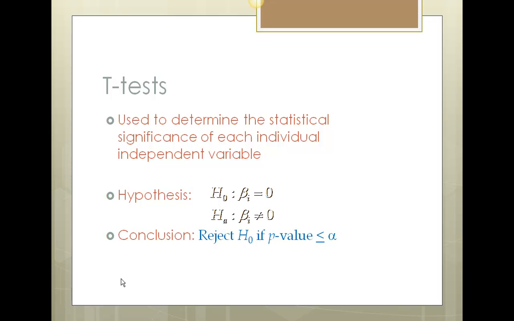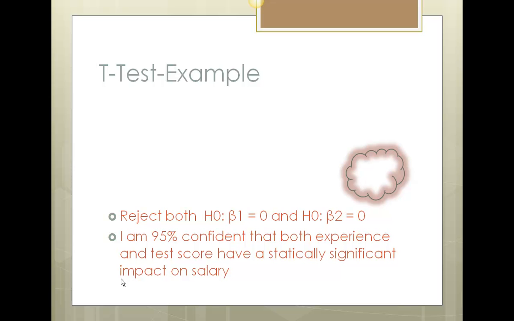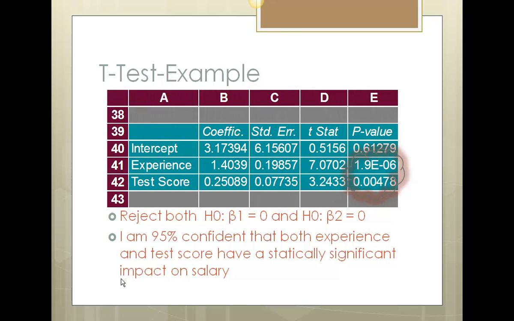Again, follow the same logic. If P is low, reject the H0. So let's look at what we have here. We look at our regression output, and we go down to the regression equation. Here again, our equation was salary is equal to 3.17 plus 1.404 experience plus 0.25 test score.